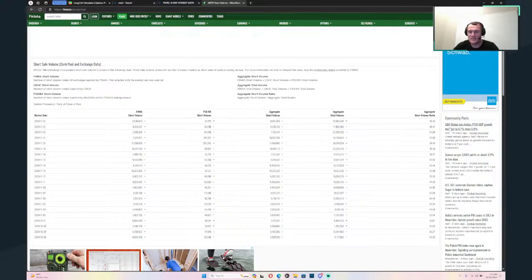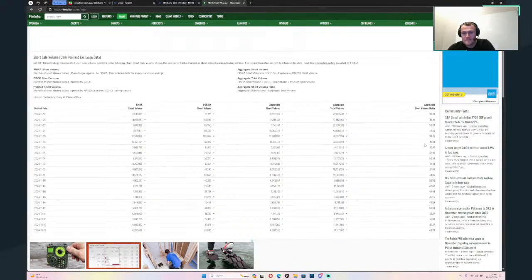I was going to bring up that MicroStrategy within the last day has actually had some shorts covering. It went from about 46% aggregate short volume yesterday to about 39.7% today. That's a difference of about 5 million shares. Here's the other issue with that.